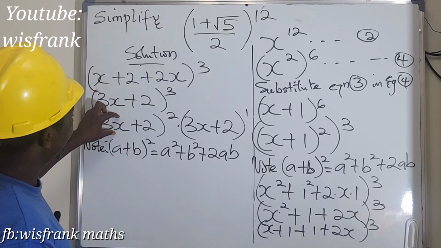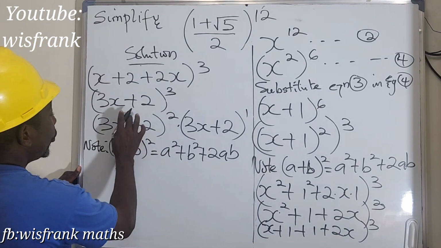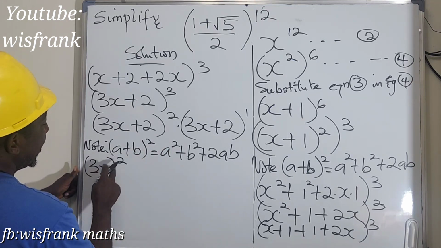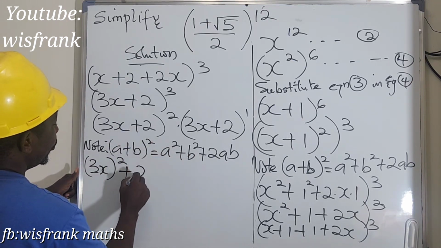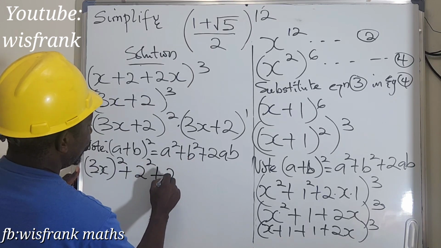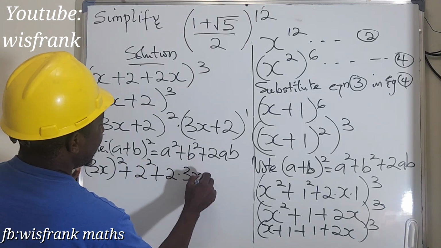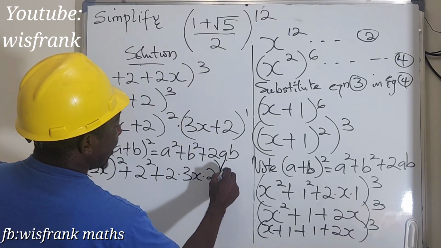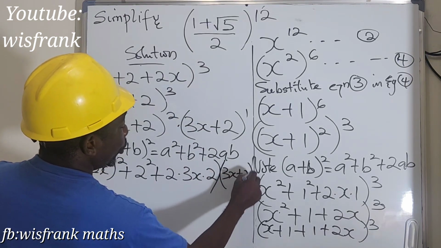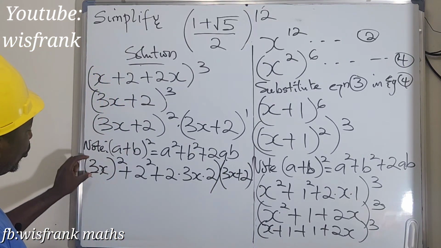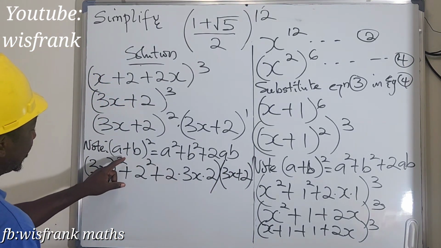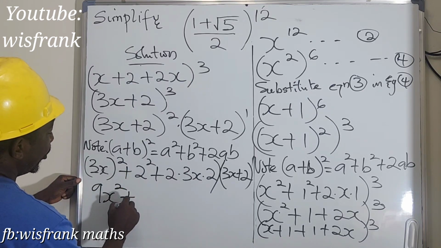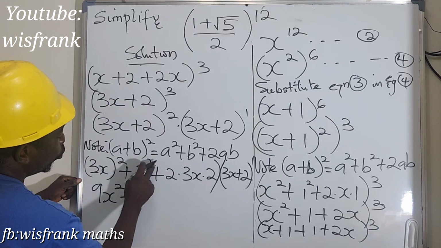So here we are going to express this in this format. It will become 3x squared, plus b squared, which is 2 squared. Then we have plus 2 times 3x times 2. Then we bring down the times 3x plus 2. So that is what it becomes. When we expand this, 3x raised to the power of 2 is the same as 9x squared. Then we have plus 4, because 2 squared is 4.